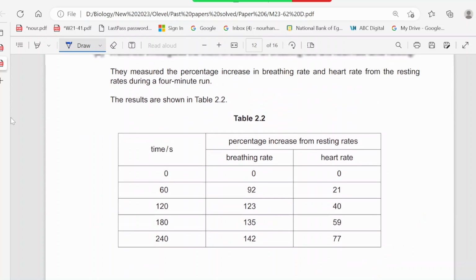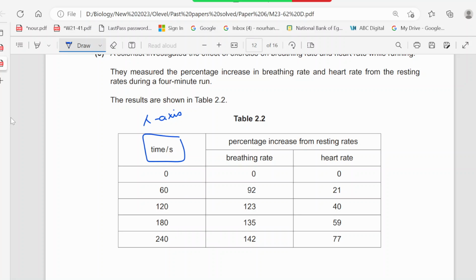So the first thing, put the labels from the left side of the table on the x-axis, and the results on the y-axis. These are the labels I have. The numbers are in equal intervals: 60, 120, 180, 240.